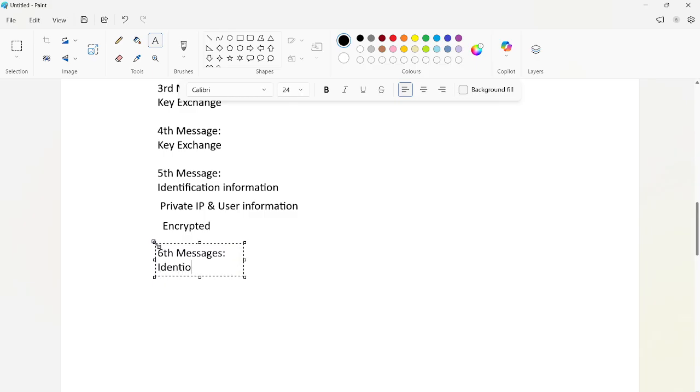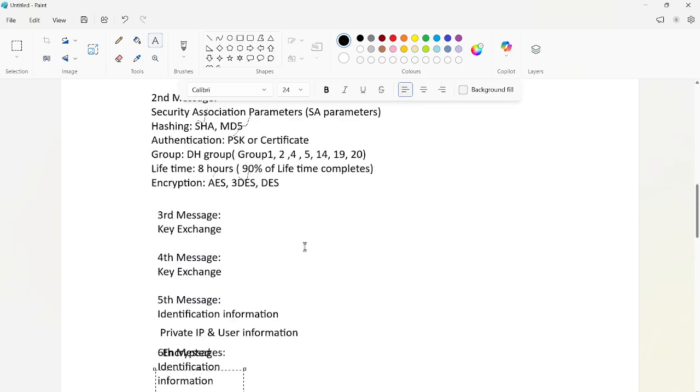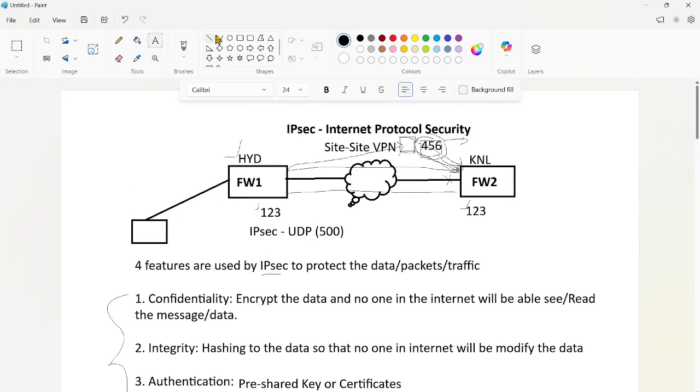Here also it is going to send identification information. This sixth message is from firewall 2. Whatever local subnets are available under firewall 2, it is going to share, or attach in the identification information of the sixth message, and send to the Hyderabad firewall.